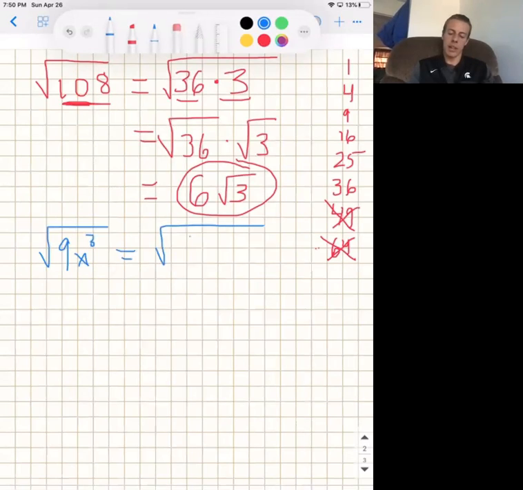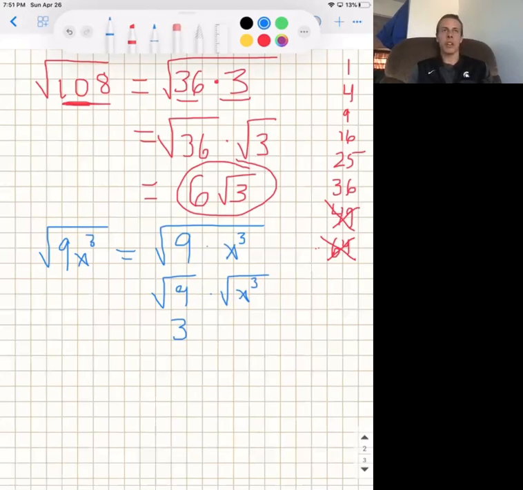Well, 9 is a perfect square, so we could write this as 9 times x cubed, and I say great. And then from there, we can split this up into the square root of 9 times the square root of x cubed. Well, the square root of 9 is just 3. And so you say, all right, that's taken care of, check.